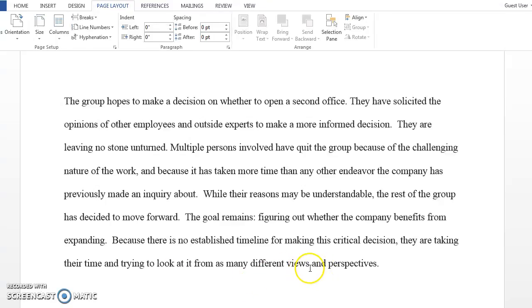Views and perspectives. Well, those are about the same thing. Let's take one out. And it just kind of seems like it needs something else to finish. Let's add as possible. So our total word count is down to 127. That means we've dropped 38 words from an original starting point of 165. Anyone who reads this sentence will have a much easier time understanding it now.